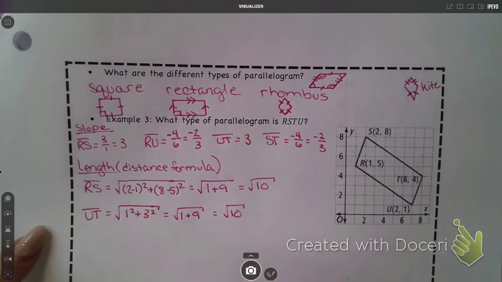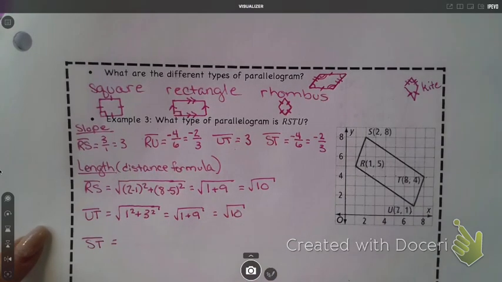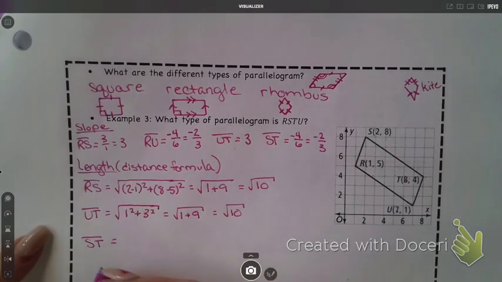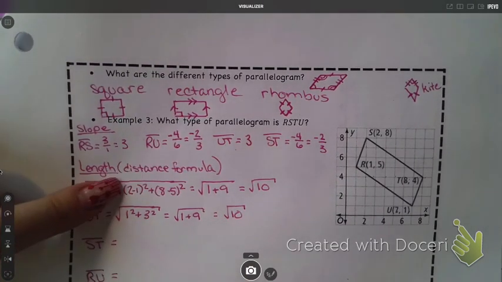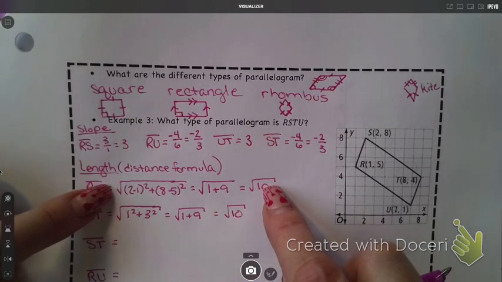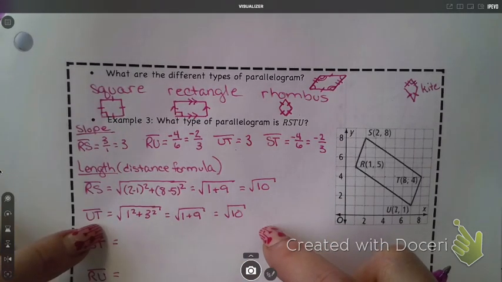Now you got to do ST. And RU. And I'm going to let you guys do those both. But do you see I did one showing more work, and one showing a little less work? But am I showing my work? Yes.